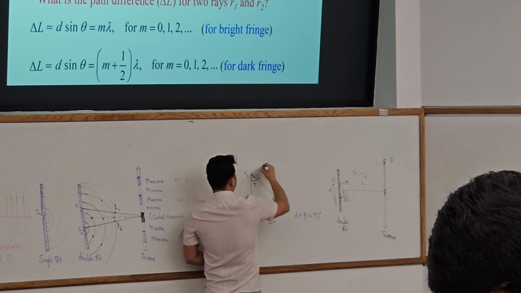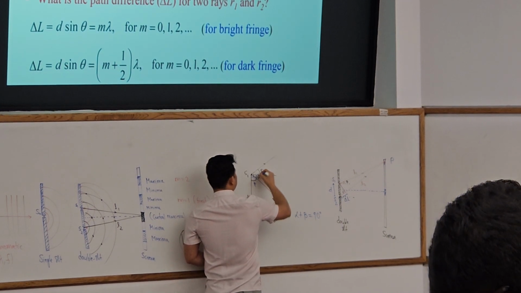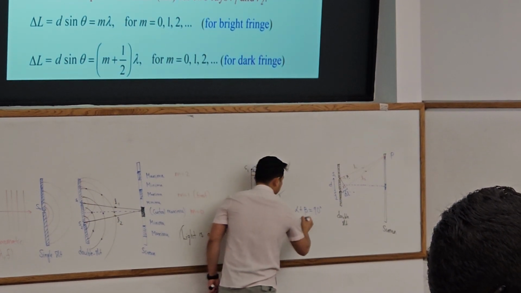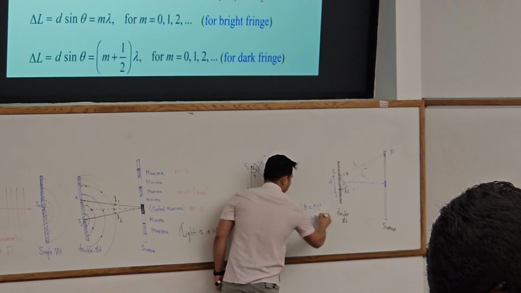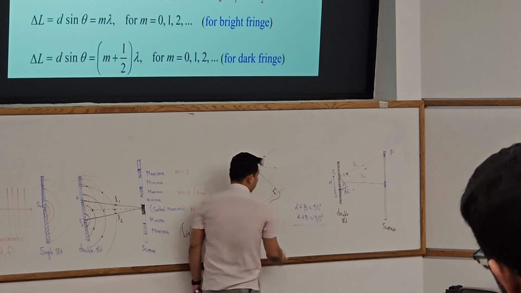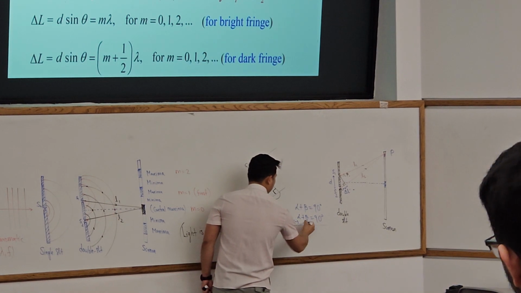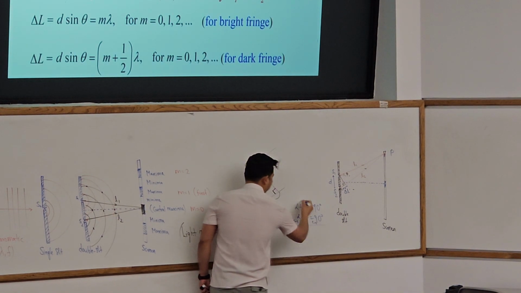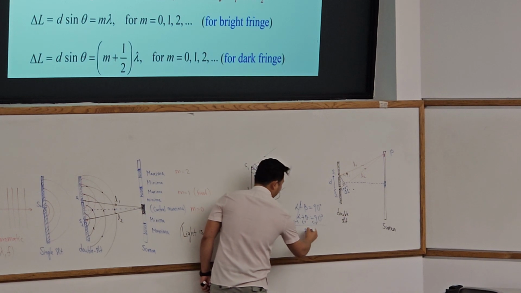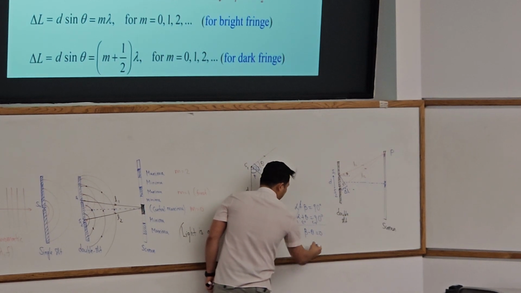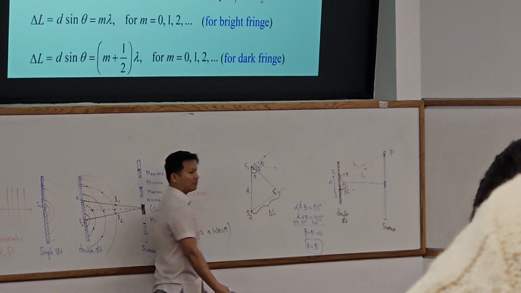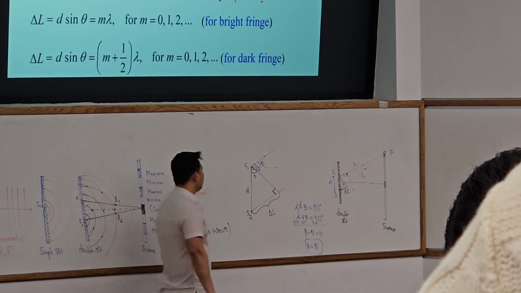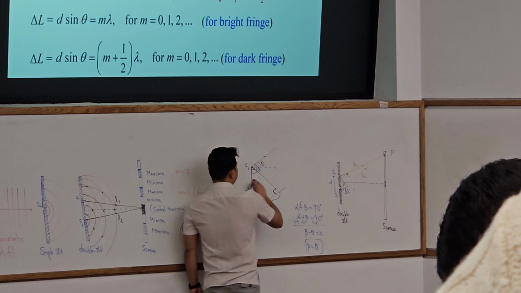Again, this is perpendicular to this one, so theta plus alpha plus beta is 90 degrees. Use the same thing we used last time: this one cancels out, beta minus theta equals 0, and beta is the same as theta. It's a simple derivation, so I could prove that this angle is theta.